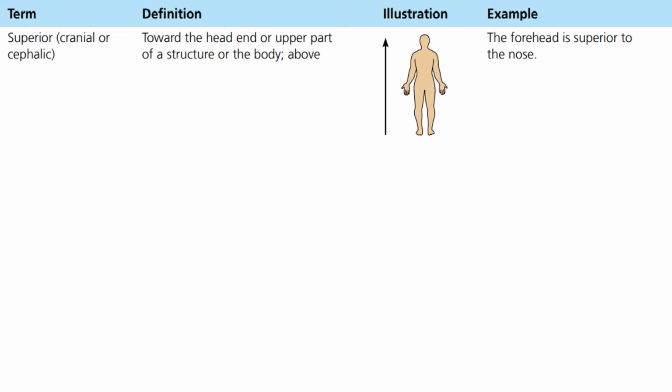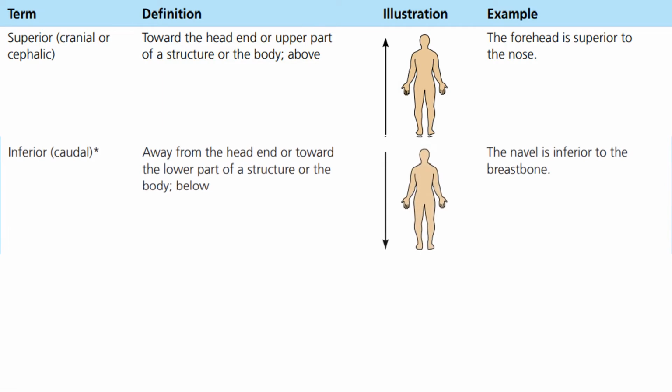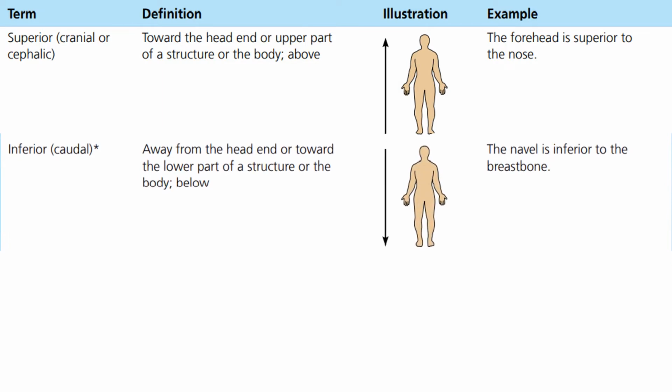The first one on the screen is superior, or cranial, also known as cephalic. This means towards the head end or upper part of the structure or the body, or in a simple way, superior means above. For example, your forehead is superior to your nose, which means your nose is inferior to the forehead.